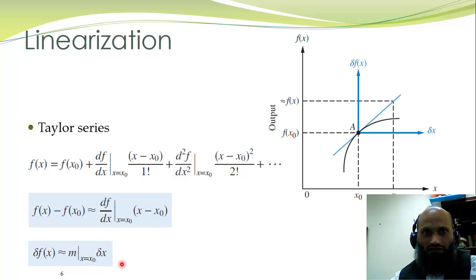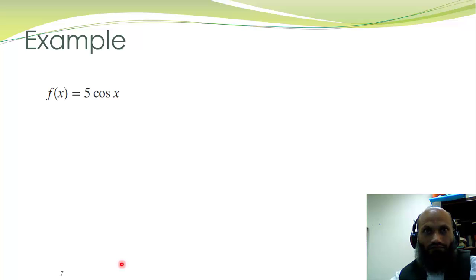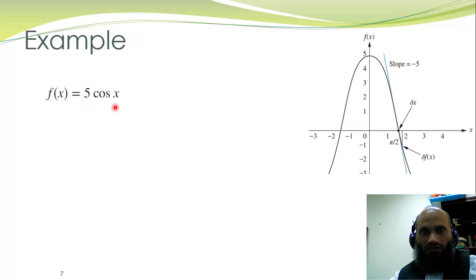Let's apply this knowledge to some functions to demonstrate the Taylor series approximation. We have a nonlinear function given by f of x is equal to 5 cosine of x. This nonlinear function is represented by this curve, and we want to linearize this function about this operating point, that is x is equal to pi by 2.